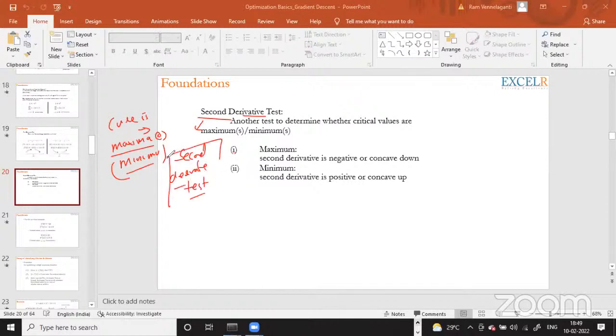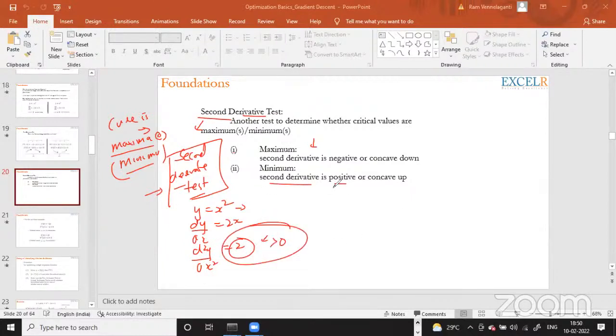First, find out whether the second derivative is positive or not. So y is equal to x square. Imagine this is the curve. dy by dx is equal to 2x. d square y by dx square is 2. This is the second derivative. So the second derivative is positive.